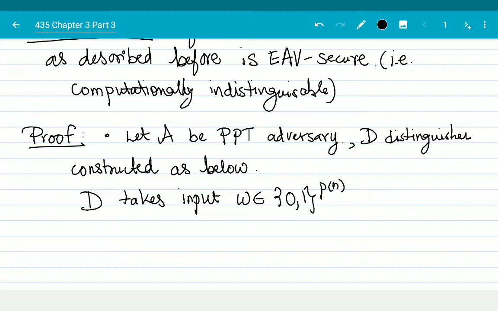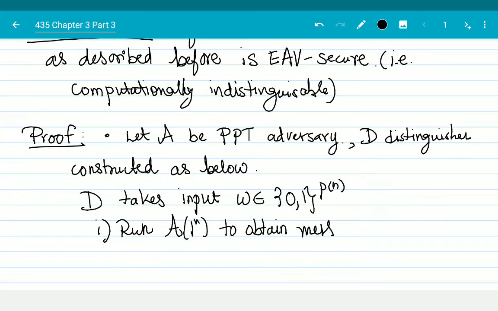Then first run A(1^n) to obtain messages m0, m1 belonging to {0,1}^p(n). So these are p(n)-length messages that the adversary pops out.